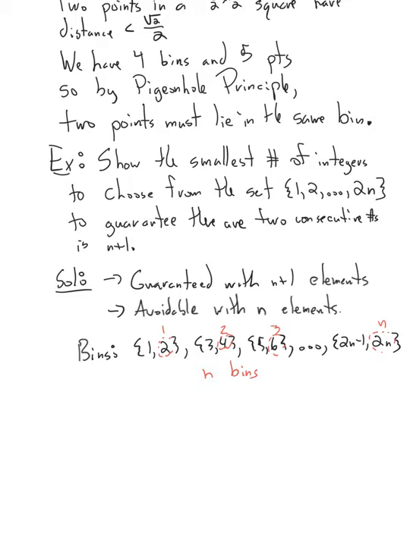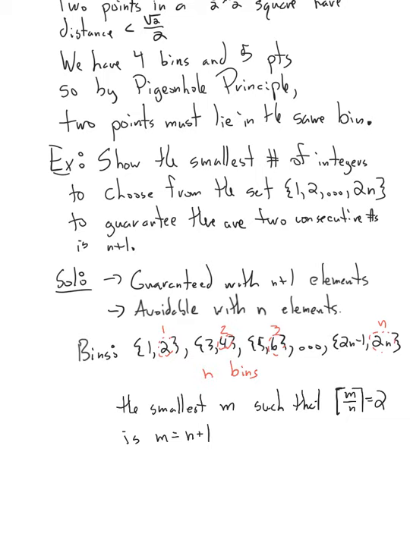Awesome. And we want to show that if we have 2 elements in any one of these bins, they're consecutive numbers. So the smallest, I guess we already used the letter n, so let's say m, such that the ceiling of m over n being 2 is, of course, m being n plus 1. n over n is 1.